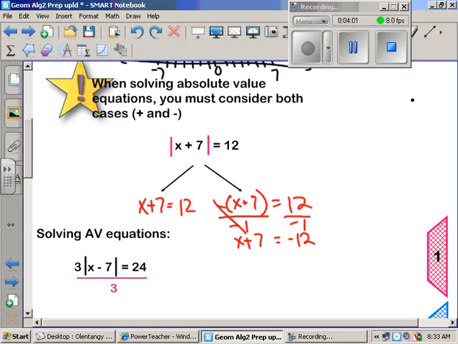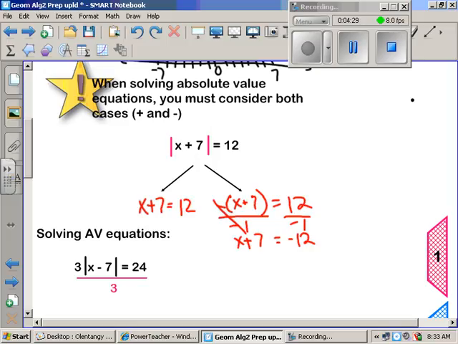When we divide by negative 1, we move that negative over to the answer, but remember that when you divide by negative 1 in a greater than or less than, it flips the symbol. So you have to remember that's where the negative started, because you're going to have to flip symbols sometimes.